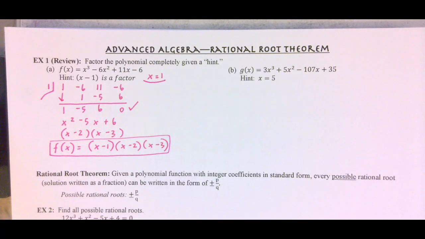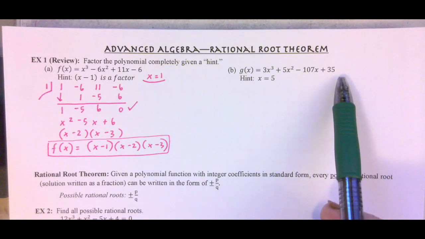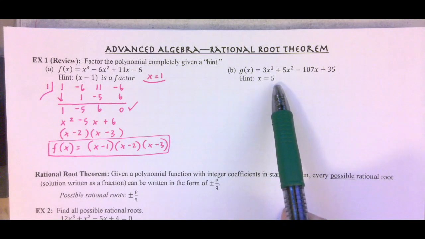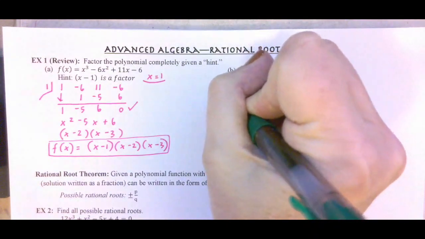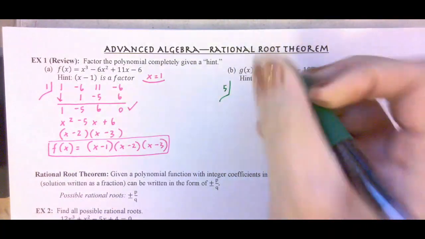Okay, this next one, staring at it, again, I can't factor this by grouping, so I'm stuck. Here I'm giving you a solution at x equals 5. That's my hint, which means as a factor, that would have been x minus 5. So here I'm going to divide out that 5 and see what's left. So again, I'm going to transfer all of those coefficients.